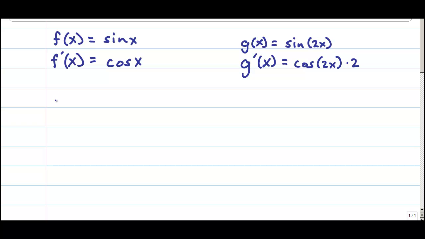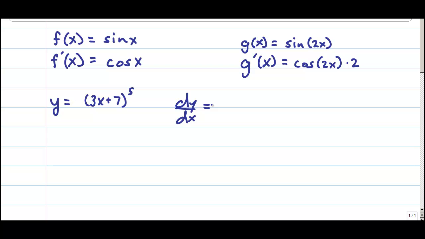Now let's think about this one. Let's suppose that we have y equals (3x plus 7) to the 5th power, and we want to find dy/dx, the derivative of y with respect to x. We've got to figure out which order we differentiate.